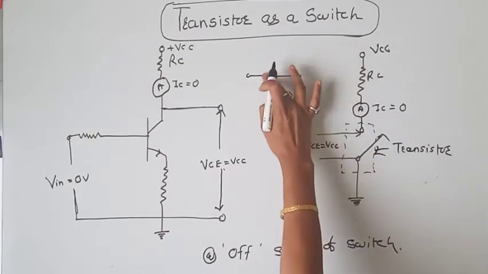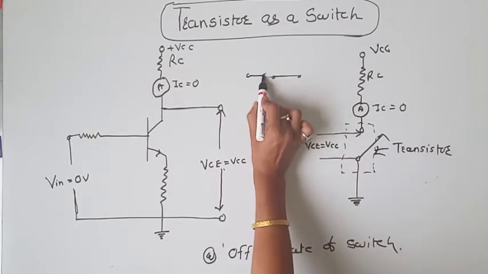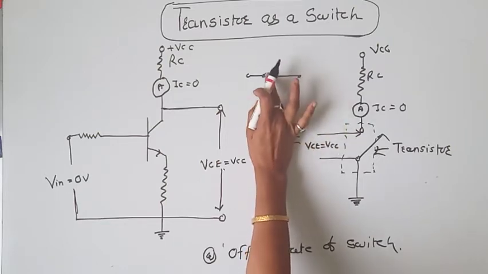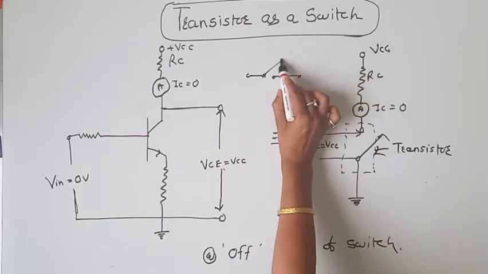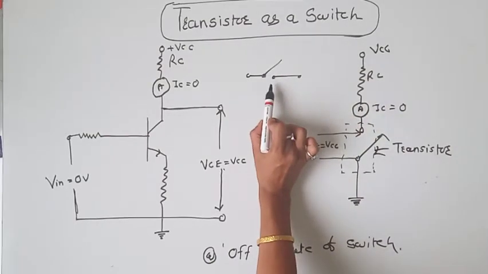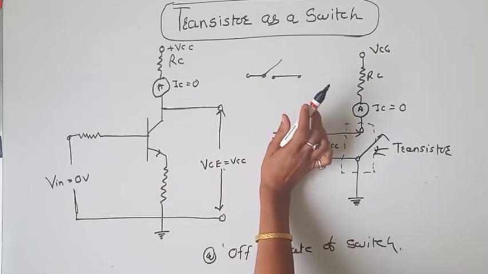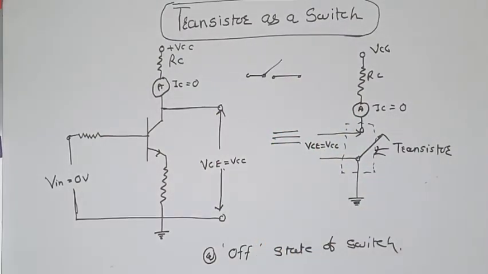If this contact is connected in this manner, this is known as the on state of switch. That is, switch is closed and the device is on. When the switch is like this, this is known as the off state of switch. That means switch is open and the device is off.